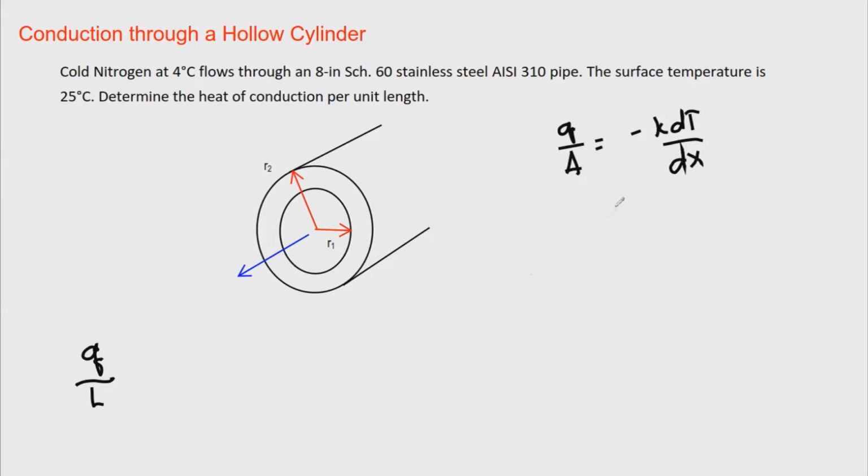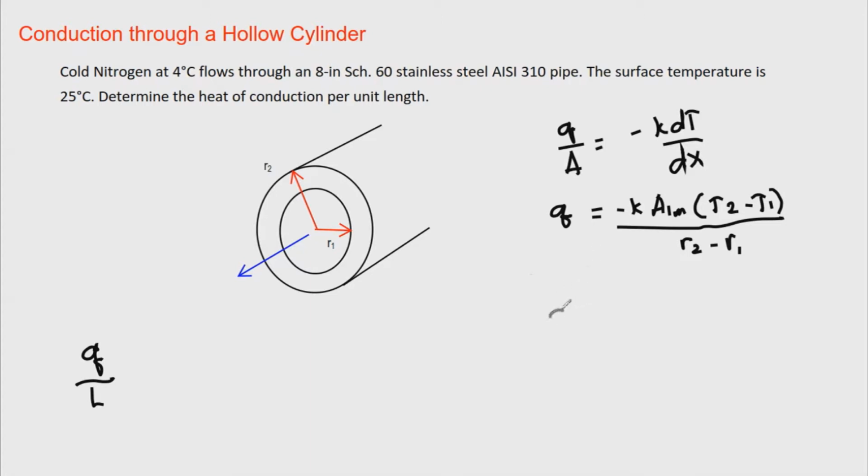Upon derivation, we arrived at a formula for our heat rate, which is equal to negative K, log mean area, and the difference in temperature, divided by the difference in the radii of our hollow cylinder.